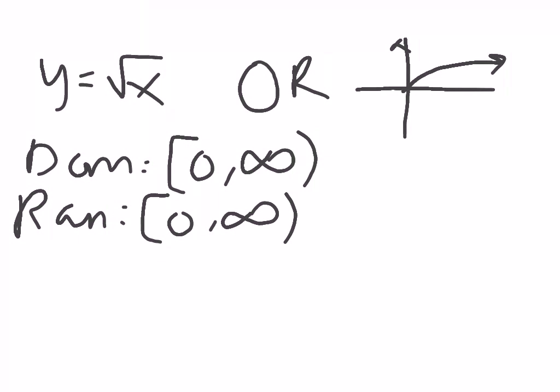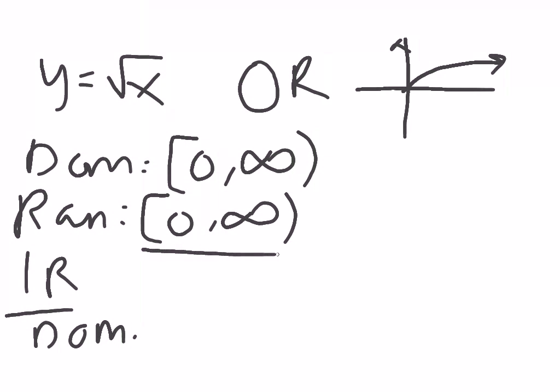So, in my inverse relation, I know that my domain becomes the range of the original relation. So it would be 0 to infinity.